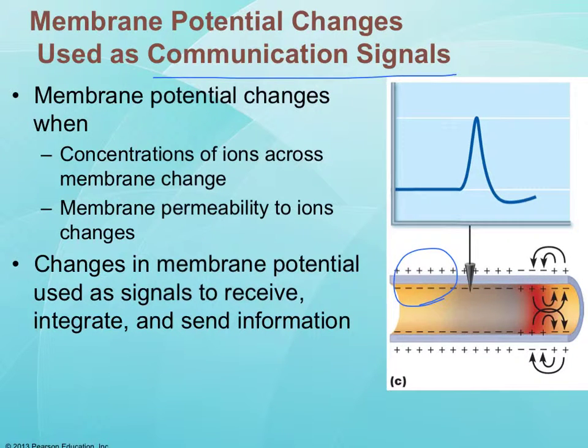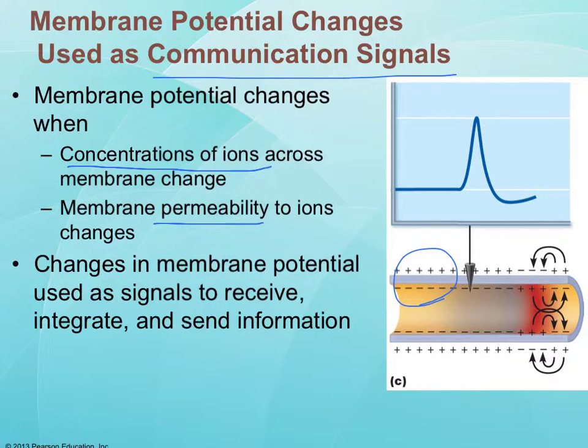signals. The membrane potential will change when the concentration of ions across a membrane changes, which means there's a current across the membrane, and that will change the membrane potential. Another thing is that the permeability to ions can change. Think about the membrane mostly as a bilayer of phospholipid. The permeability is controlled by the ion channels on this phospholipid bilayer.